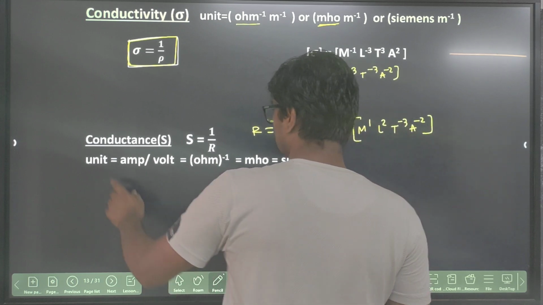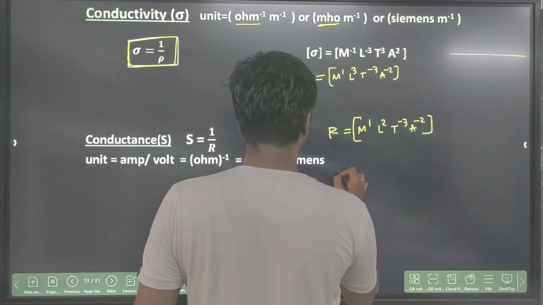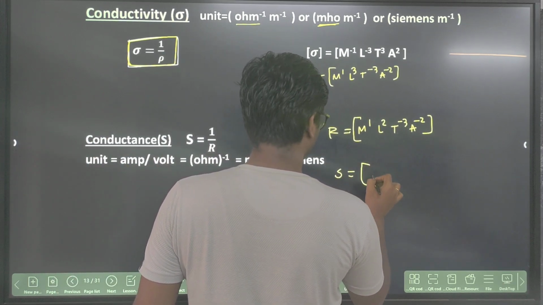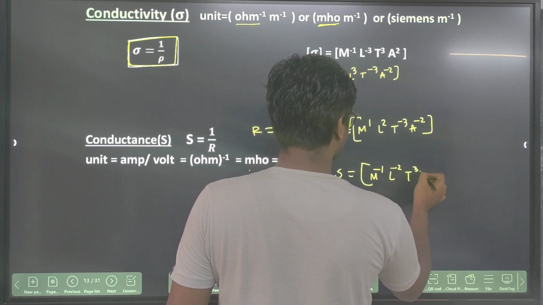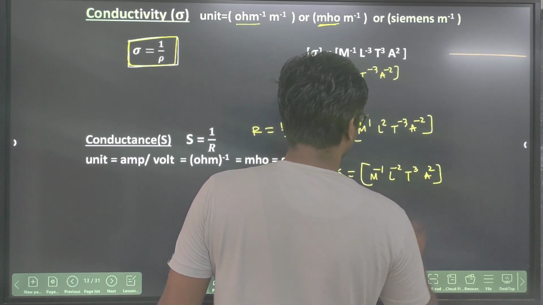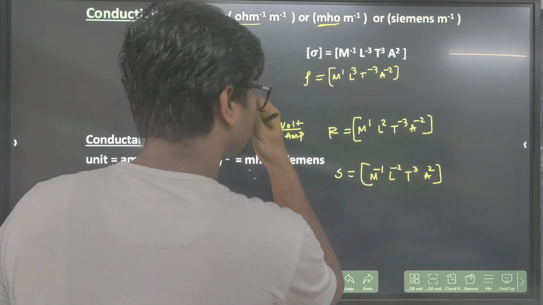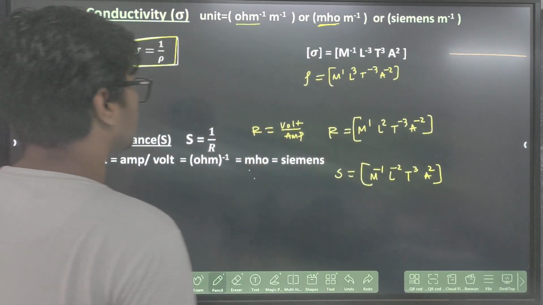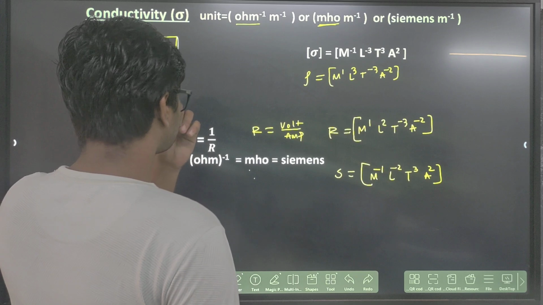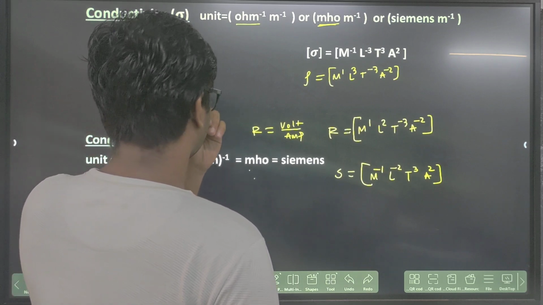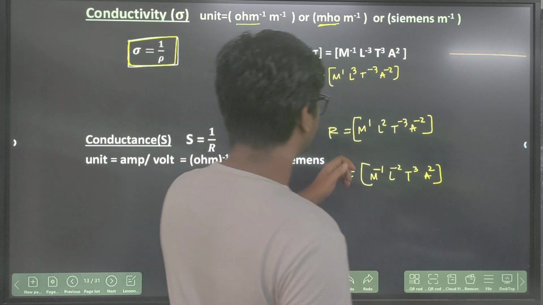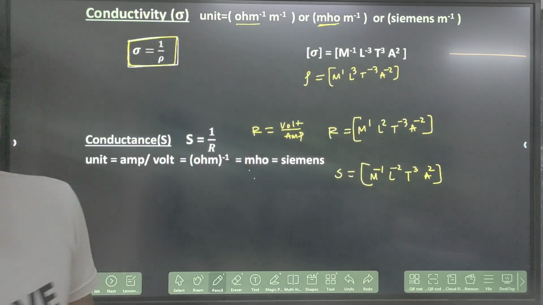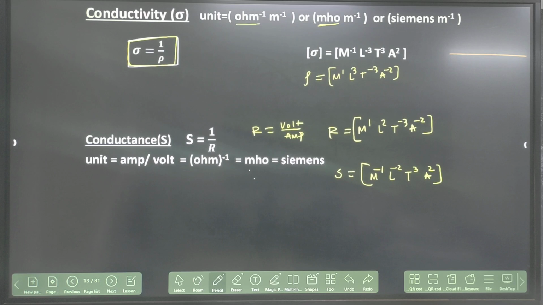So its dimension will be M minus 1 L minus 2 T3 A2, right? Clear? This will be the dimension of the conductance, right?